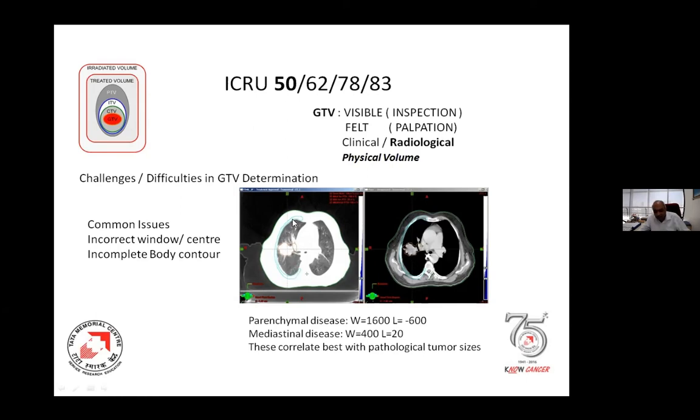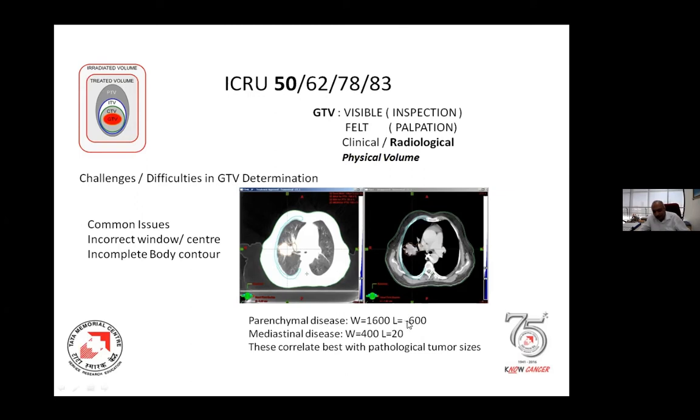In contrast, what we need to mark is the mediastinal, sorry, apologies. So this was the mediastinal window, and this was my parenchymal lung window. The window width and the center has to be 1600 and minus 600.